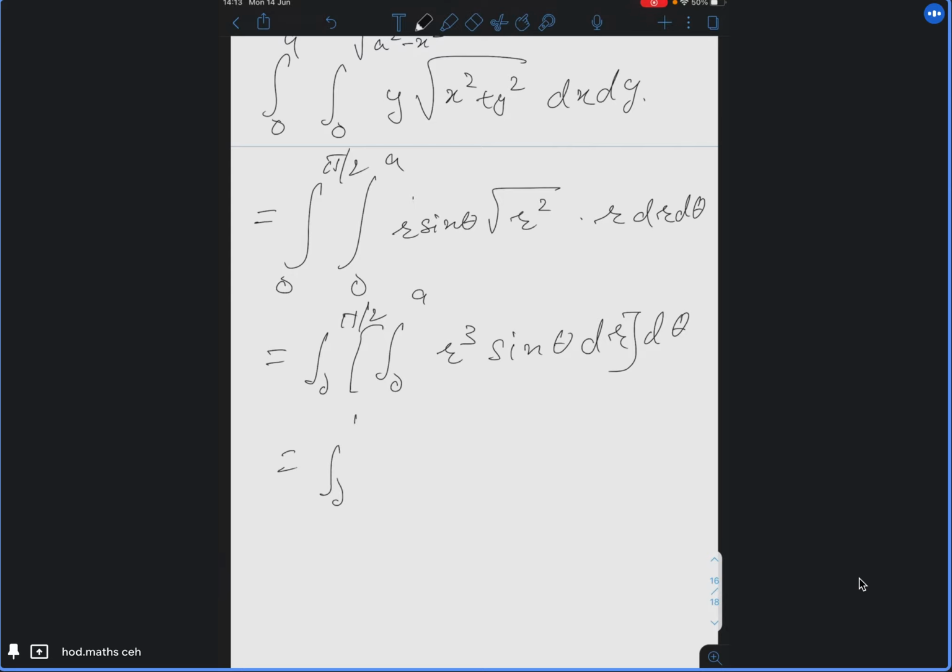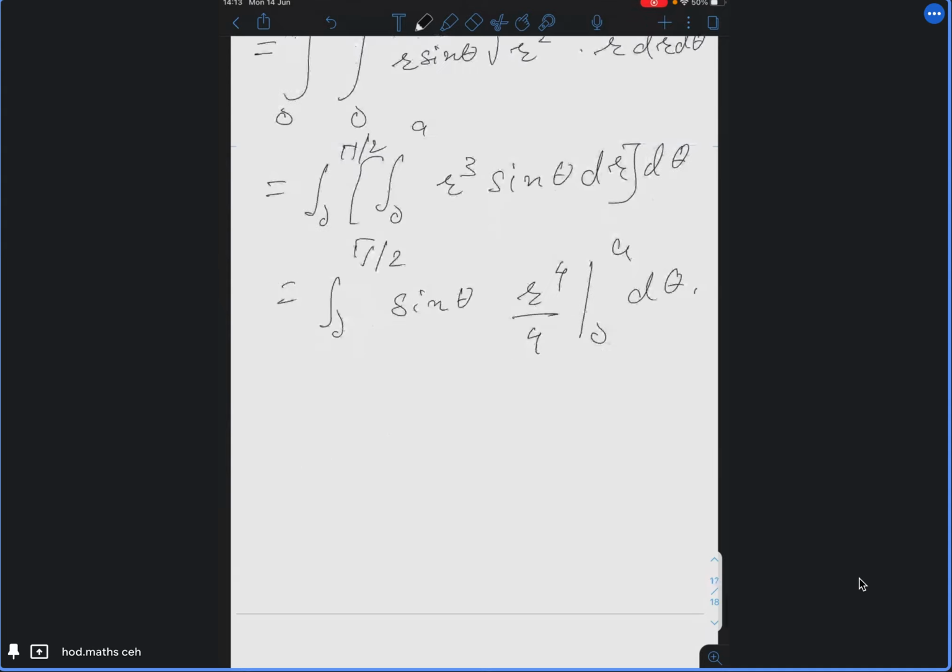So 0 to pi by 2 as it is, sine theta as it is. Integrate r cube, you will get r to the power 4 by 4, within the limits 0 to a d theta. So that is a to the power 4 by 4 you will get. Integration of sine will be minus cos theta, 0 to pi by 2.